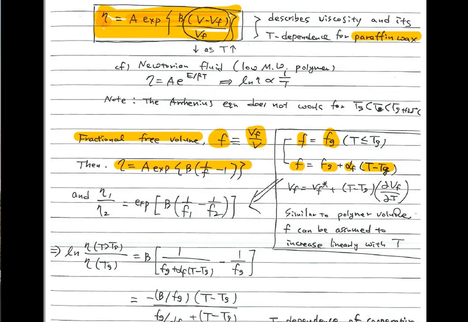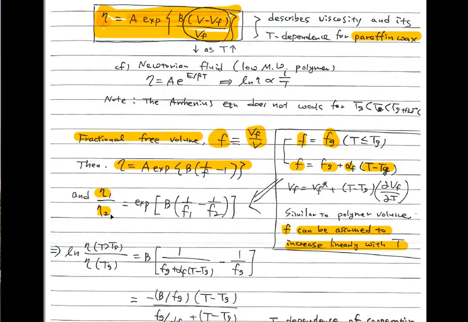So here we assume that this fractional free volume changes linearly as a function of temperature, since we can assume that the free volume also changes linearly as a function of temperature. Since we get this expression from the Doolittle equation, let's say we measure this eta at two different temperatures, as eta 1 and eta 2.